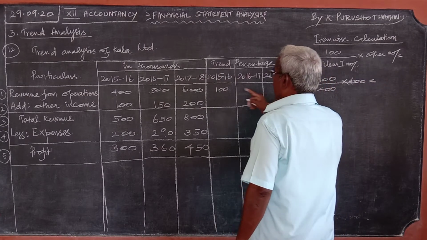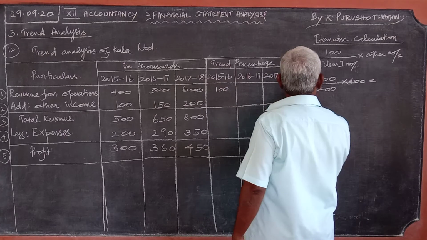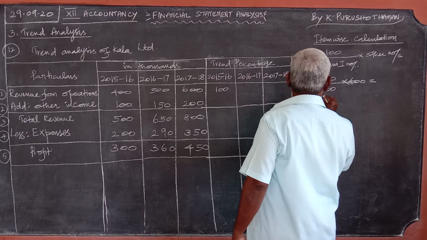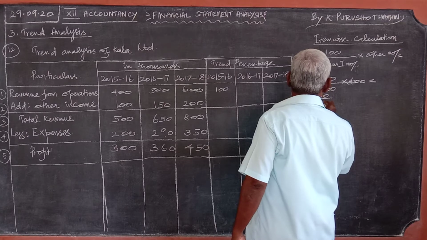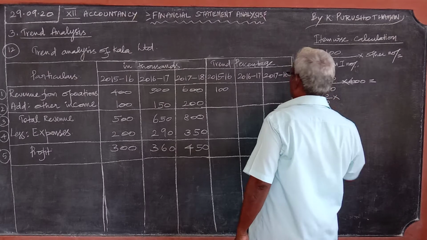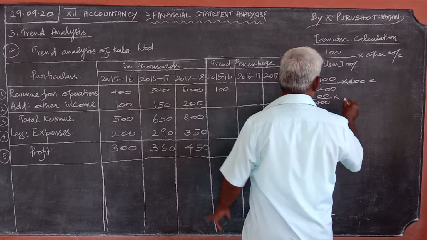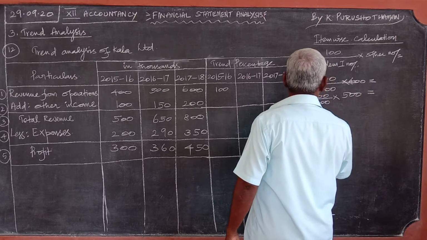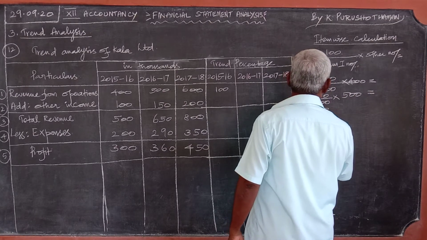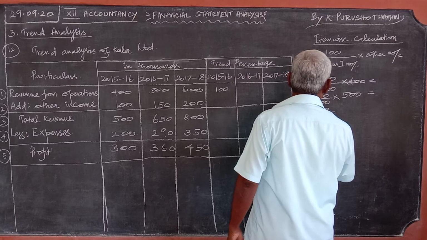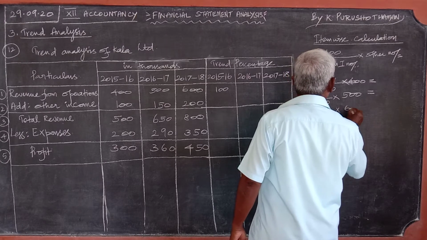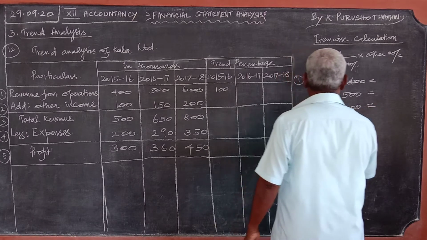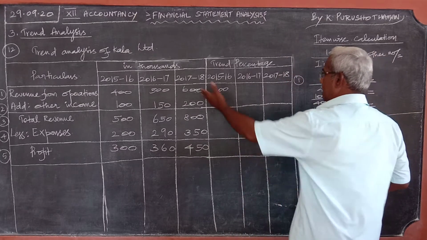Then for the second year, for the first item: 100 by 400 into 500. Then 100 by 400 into 600. This is what you will have to calculate for the first item, item wise.